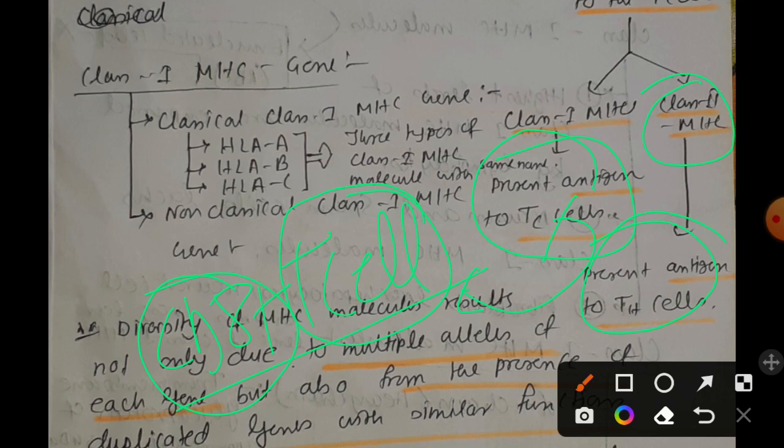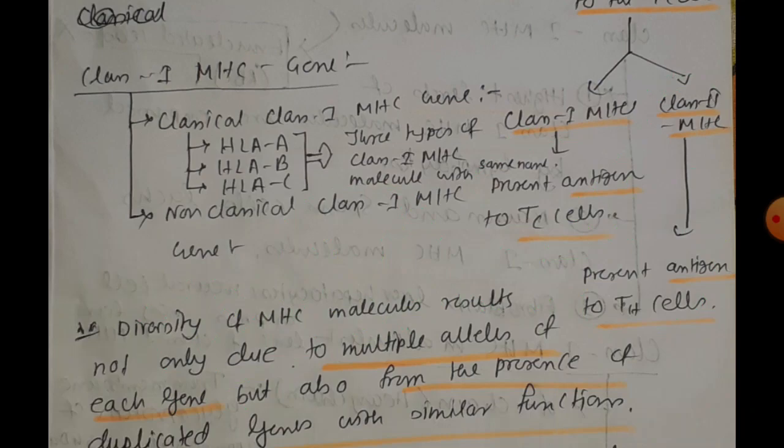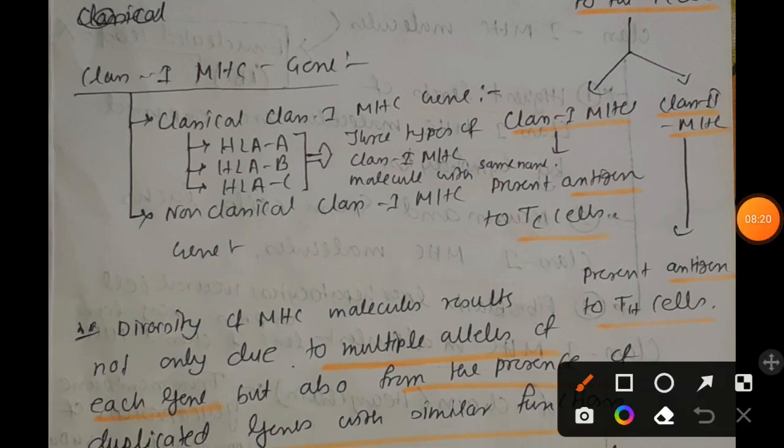So now let's talk about class 1 MHC gene. I have told you that class 1 MHC gene can be divided into classical class 1 MHC gene and non-classical class 1 MHC gene. Classical class 1 MHC gene consists of 3 genes: HLA-A, HLA-B, HLA-C.